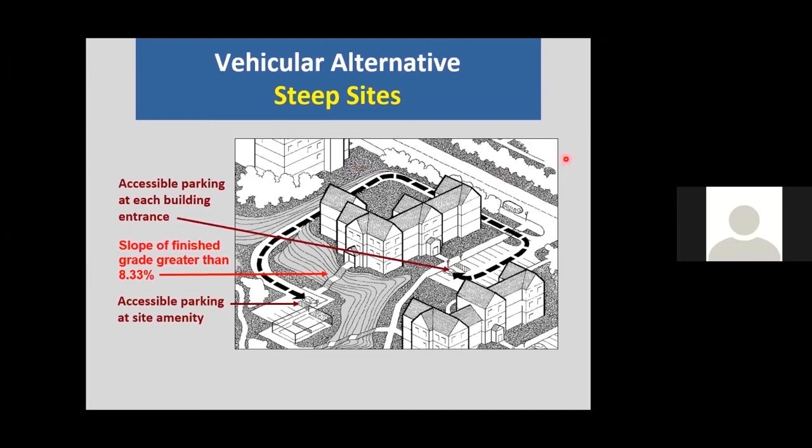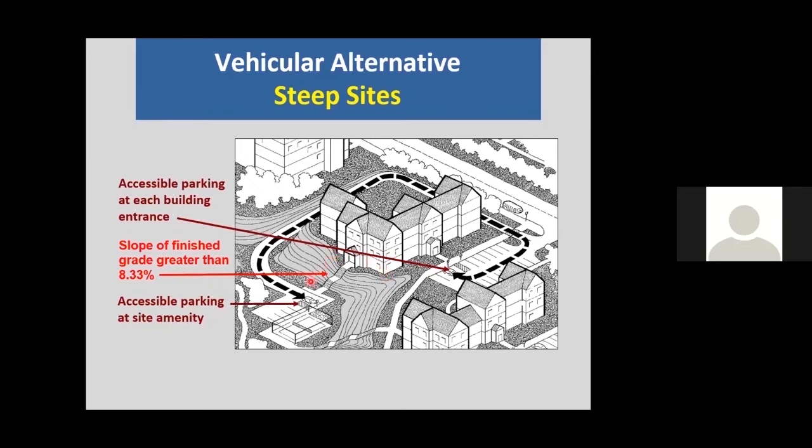An accessible route is required to public and common use spaces, but you can use a vehicular route if the site is impractical to install an accessible pedestrian route. There are certain conditions that must be met, and they are laid out very well in the Fair Housing Act Design Manual.